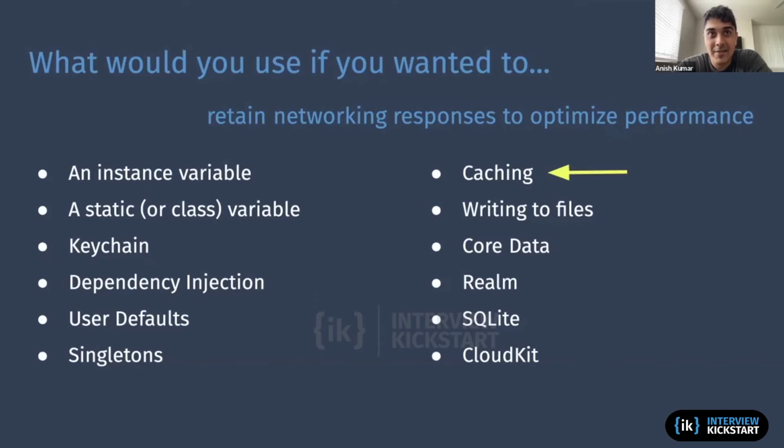Because caching a network response is going to be fundamentally different every time, considering not just the data or the body of the response, but the headers and all the different things that are sent along with it.